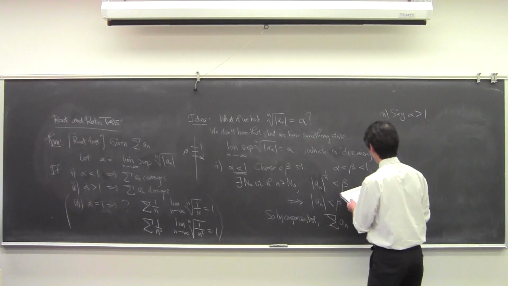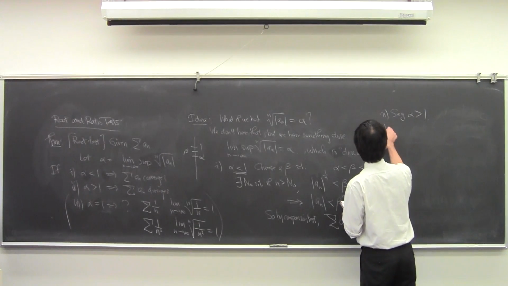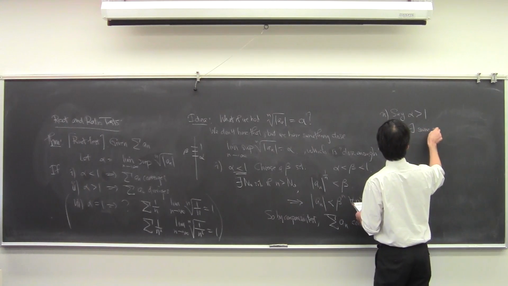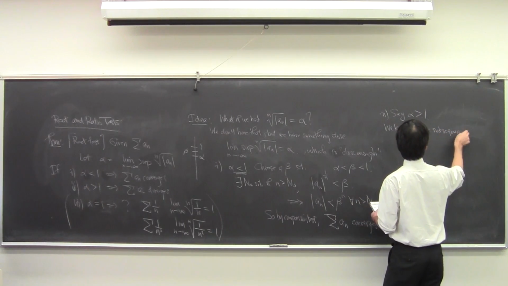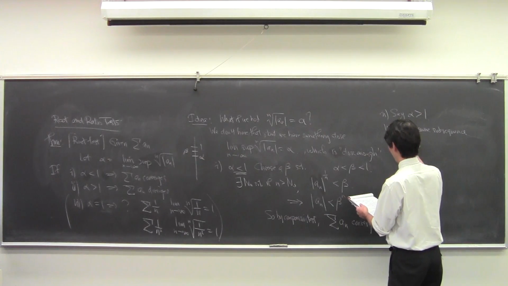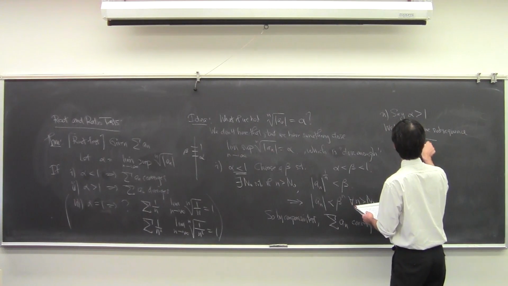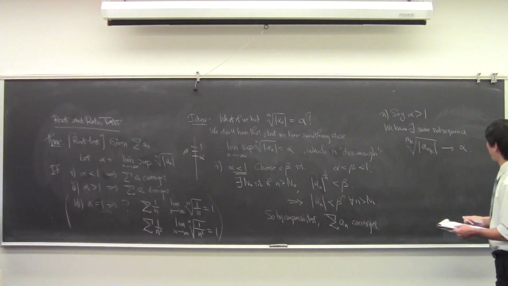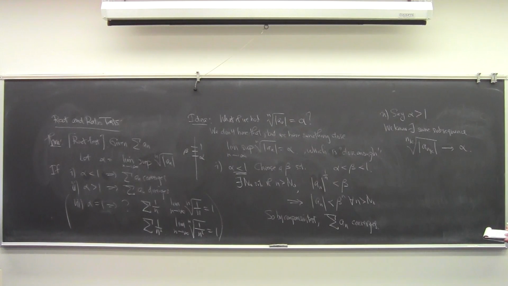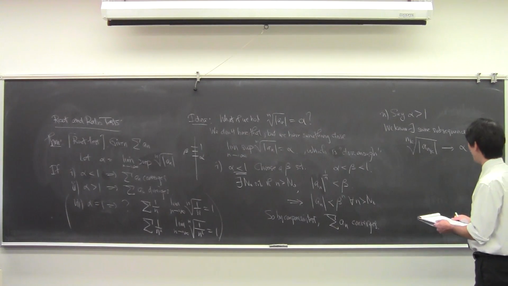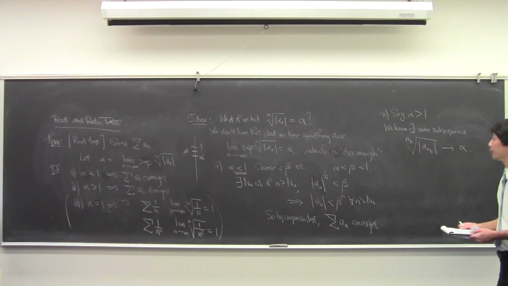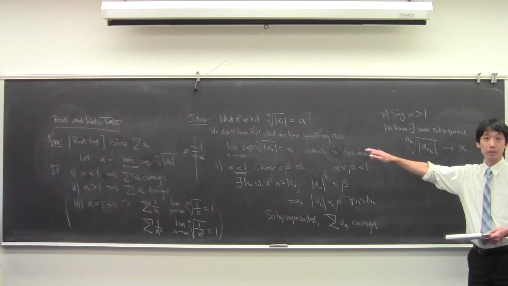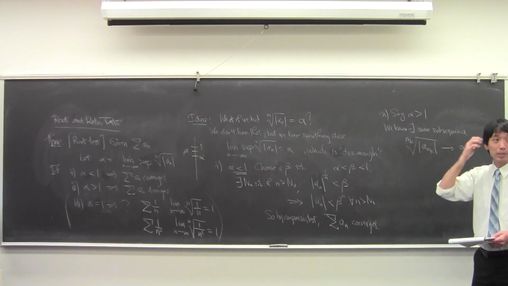If alpha is greater than 1, then we know there exists some subsequence n sub k such that the nth root of a sub n sub k converges to alpha. Because the lim sup is a subsequential limit.